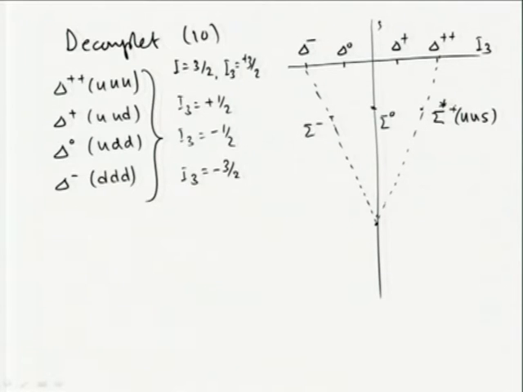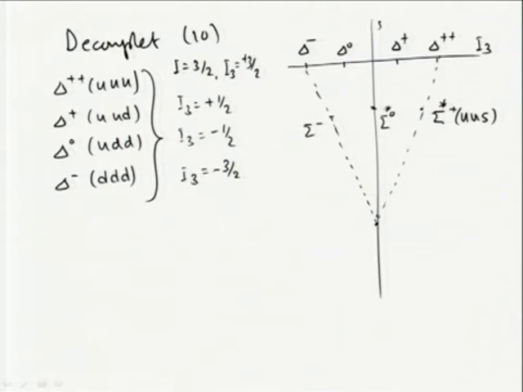So, this can be thought of as some kind of excited state, in a vague sense, of the UUS system. So, for a 3 quark UUS system, the ground state will give you the sigma plus, which is part of the octet, and one of the higher excited states will give you sigma star plus, which is a member of the decouplet. Similarly, sigma 0 and sigma minus.